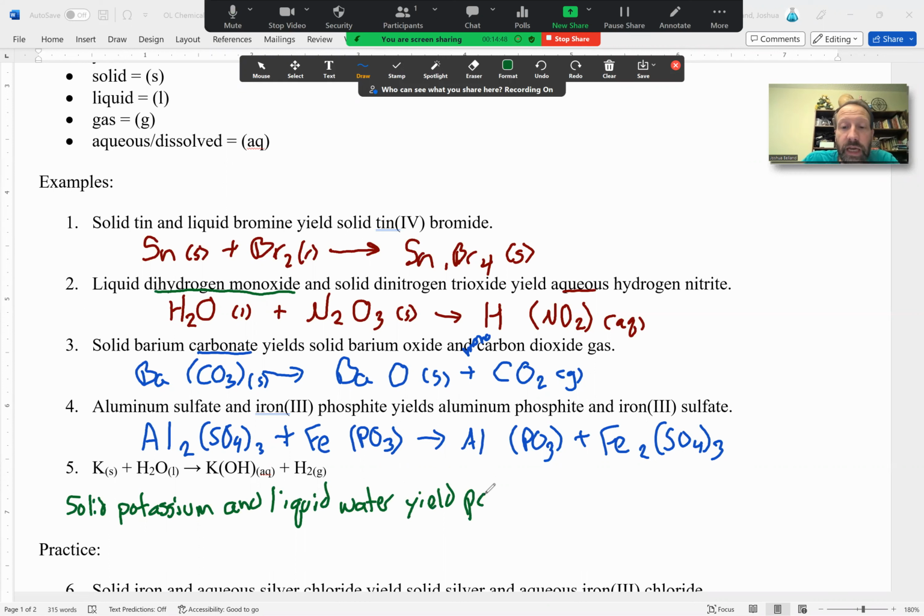Okay. Potassium. Oh, how about I do the phase of matter first? It just kind of sounds better if I do the phase of matter first. Let's do that.